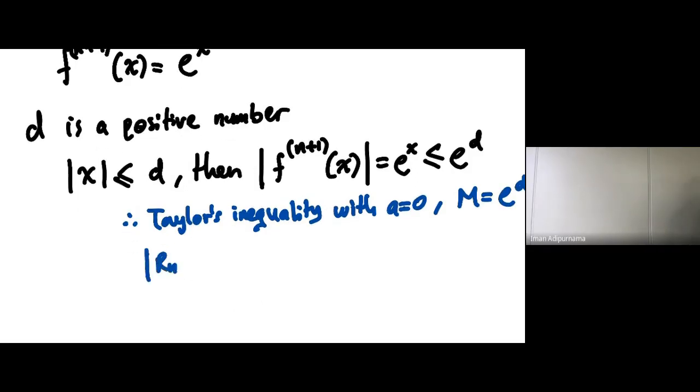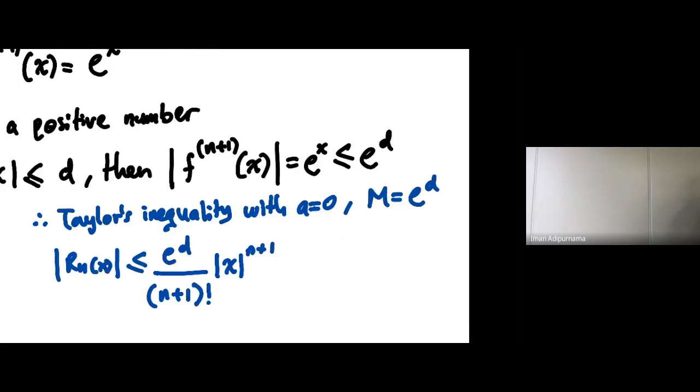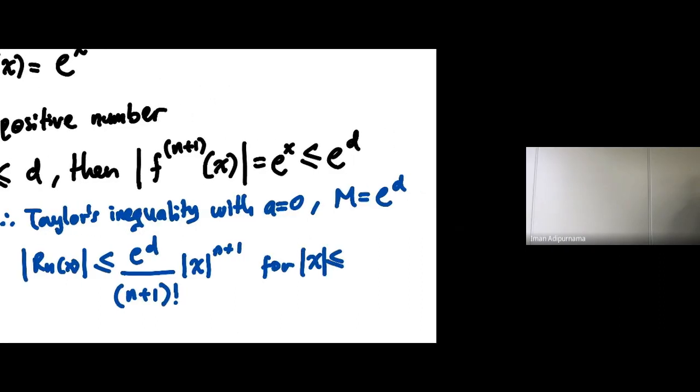So the absolute value of Rn(x) is less than e to the d. This is for absolute value of x less than or equal to d.